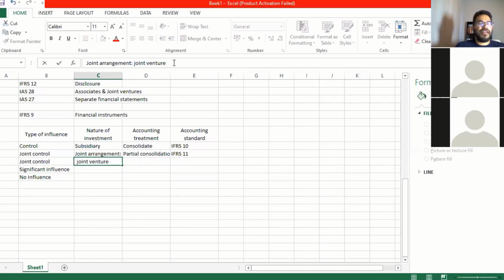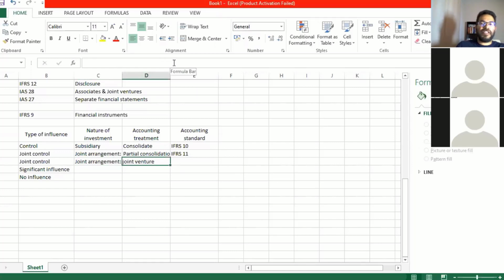For test one, there's not going to be other discussion regarding whether you have a joint operation or joint venture, because joint arrangements and joint control is only tested in test two. Okay, so we're not going to go into the details in this class regarding how do you determine what type of an arrangement it is. So then you have joint venture, and if you have a joint venture, you will have to apply equity accounting.